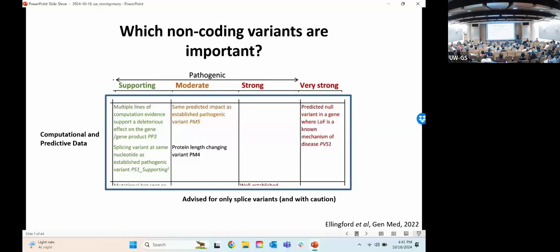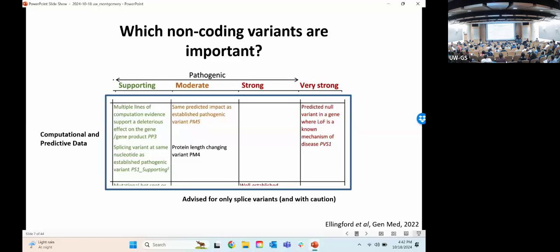To get to very strongly pathogenic, you need a predicted null variant in a gene where a loss of function effect is a known mechanism of the disease. This is only recommended for splice variants. So what this basically means is if we've established before that this has an effect and you're finding that same variant, you can call it strongly pathogenic.